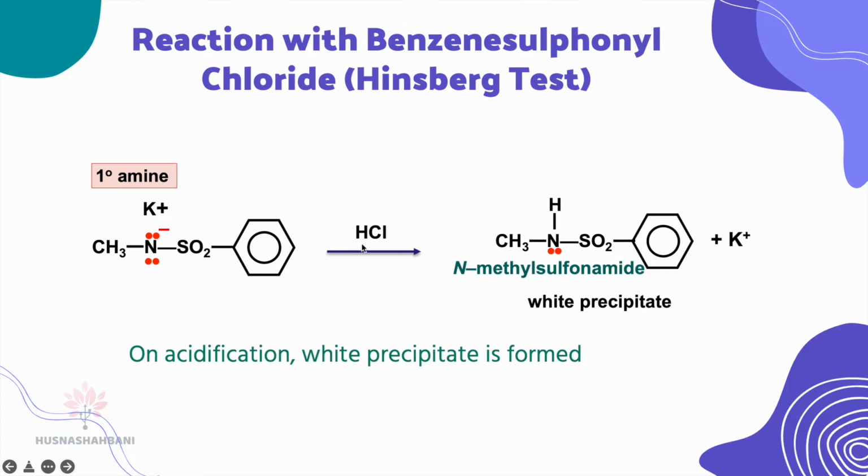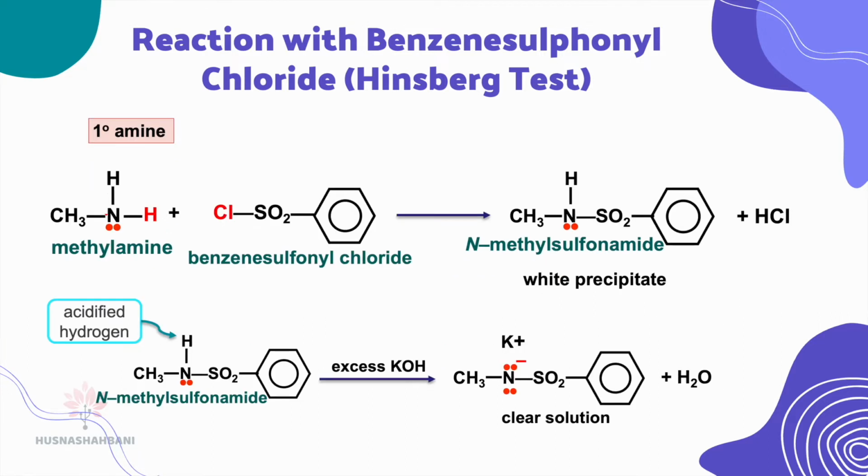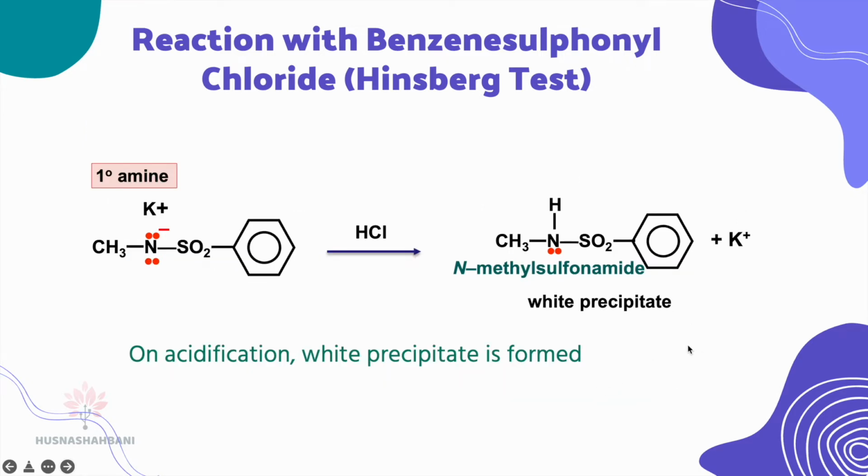When we add the HCl, the hydrogen will replace this K+. Hydrogen attached to N and the side product K+. White precipitate is formed. That's for primary amine. White precipitate, clear solution, white precipitate.